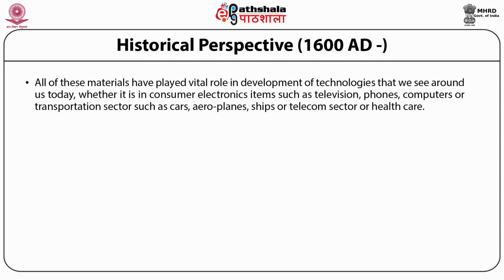All of these materials have played a vital role in the development of technologies that we see around us today, whether in consumer electronic items such as television, phones, computers, or the transportation sector such as cars, aeroplanes, ships, or the telecom sector or healthcare.